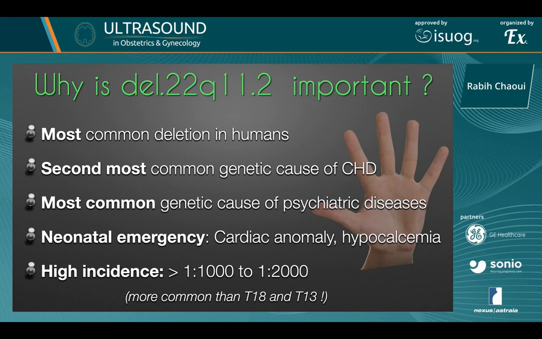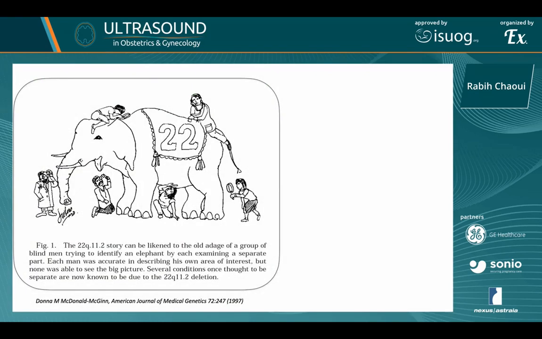I'm sure some of you have seen these cases or have seen fetuses where the diagnosis was done after birth. Now, this is a nice scheme showing why 22q11 is so interesting and difficult. This is a metaphor of 6 blind scientists asked to analyze an elephant by examining separate parts. One examining the trunk, the other one the ear, the third one the leg or the belly.